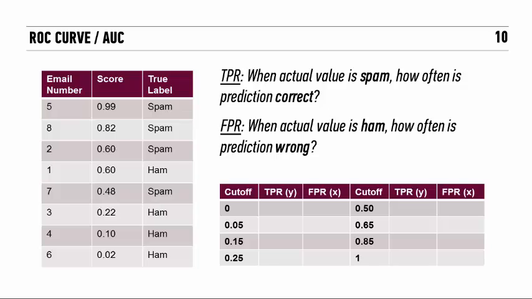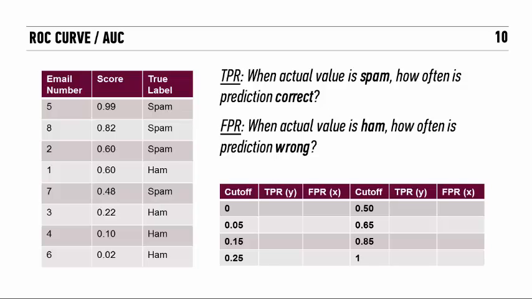0.25. True positive rate. We've got spams here, here, and here. How many of those can we actually predict correctly? 100%. Correct. So below 25%, when the actual value is ham, remember everything below 25% is going to be predicted to be ham.